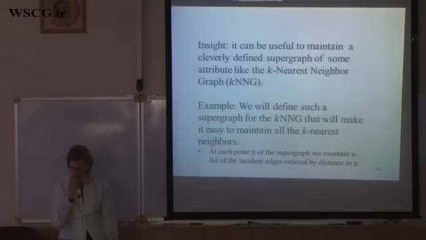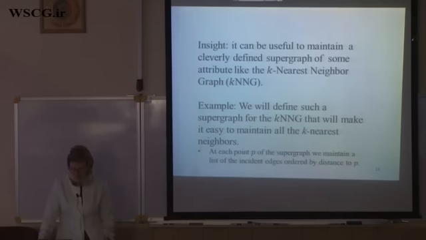So what we're going to do in this case is to define a supergraph of the K nearest neighbor graph that's easy to maintain. All the K nearest neighbors helps us answer the K nearest neighbor question, and we're going to use that to help us with the reverse K nearest neighbor question. So we're linking these two problems together.